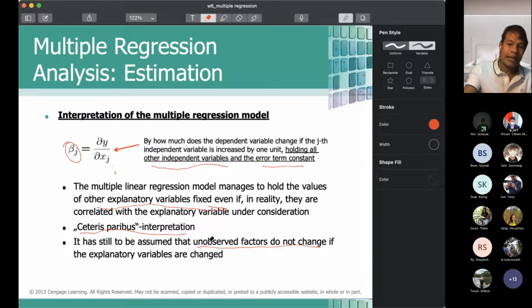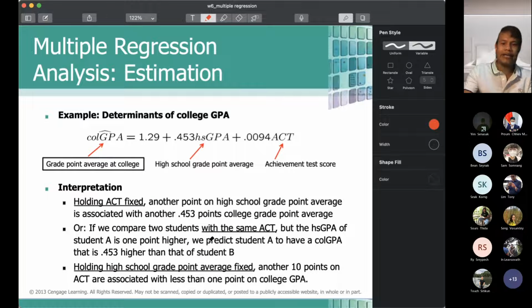All right. Next, here is an example. We want to look at the grade point average at college and the effect of high school grade points. So we want to know the effect of the grade point from high school on the grade point average at college.